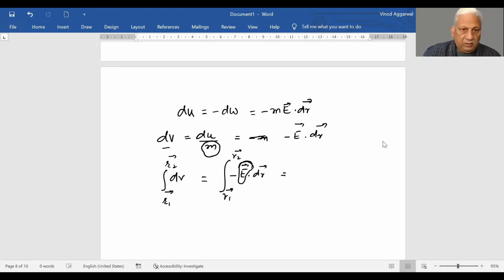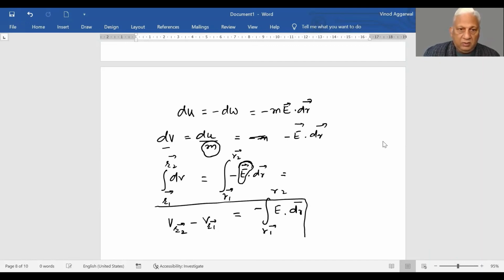So the change in potential from going from one point to another point is the integral of E dR integrated over the initial place to the final place.